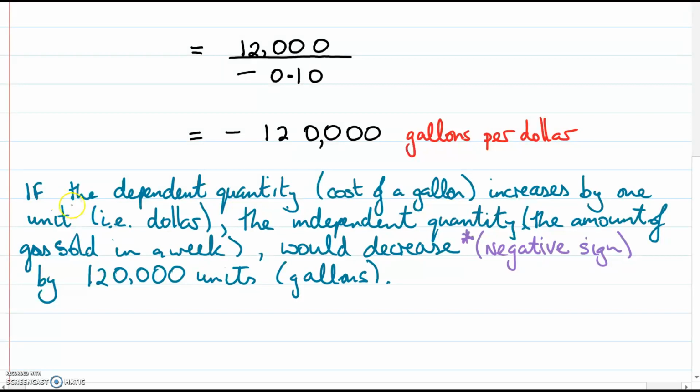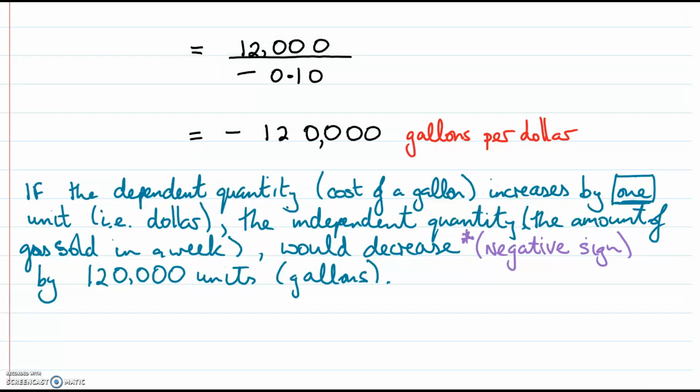The reason I've written it this way is that if the independent quantity increases by 1 unit, and it's always 1 unit, the dependent quantity would decrease, because of the negative sign, by 120,000 units. If you take this sentence, you should be able to apply it and decipher any rate of change question.